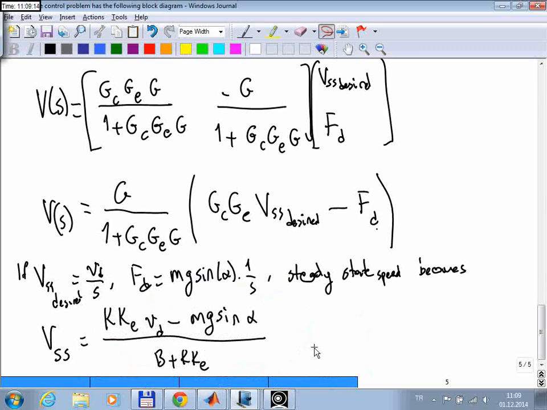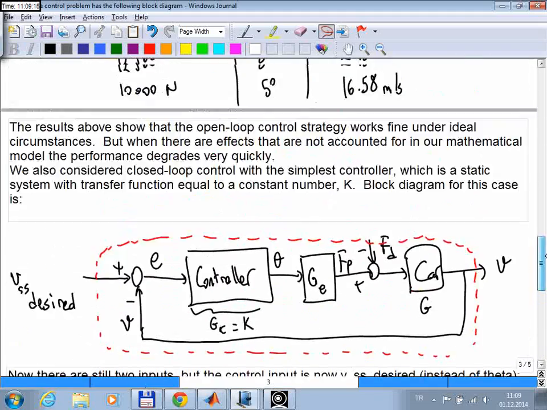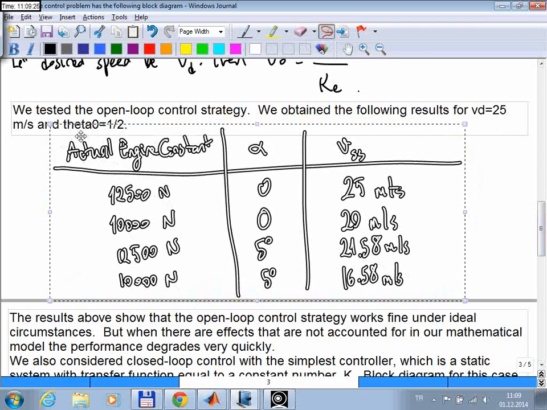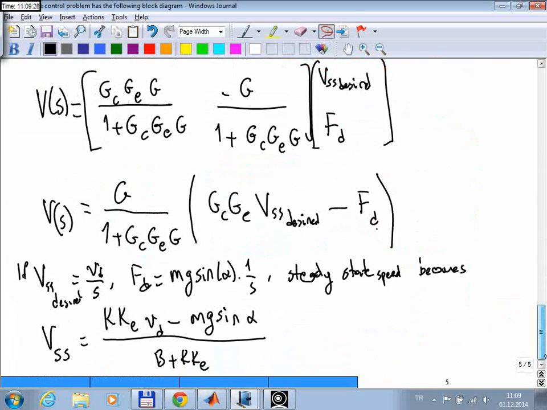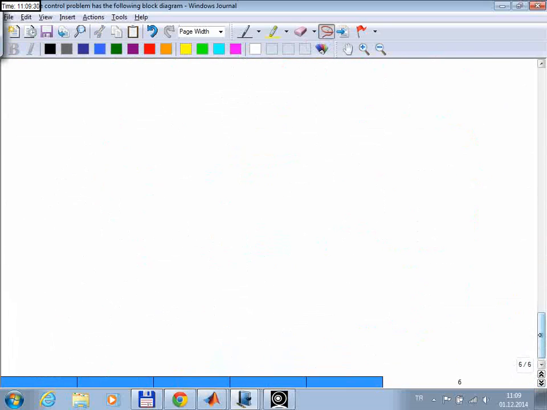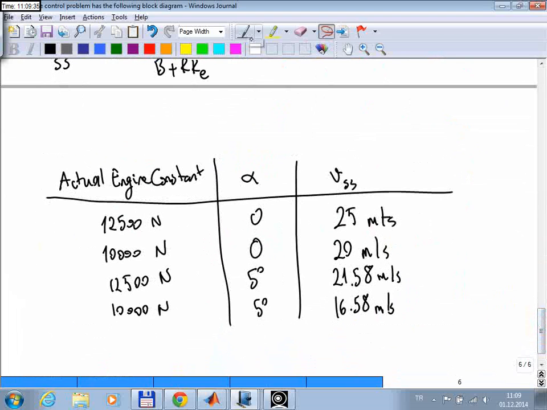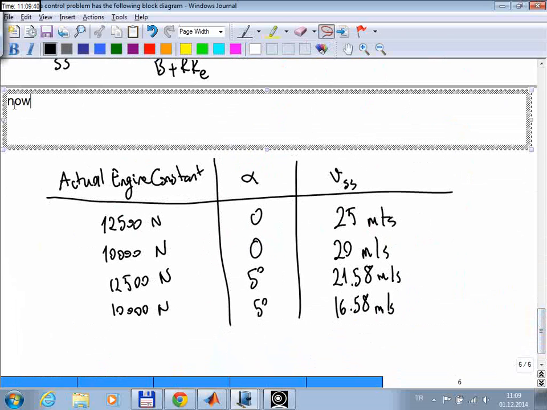Okay, so now let's make the same table with the closed loop case. Okay, so now let's test the closed loop control.